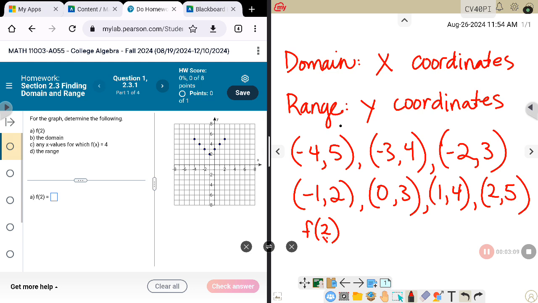That's always what your x is. So I'm going to look at the points I have written out and find where the x is 2, which is this last point. What is the y that goes with it? In other words, what is that output? When x is 2, what is y? It would be 5.